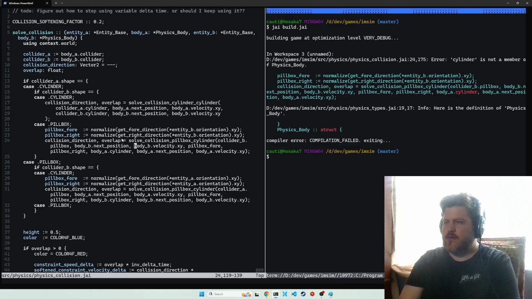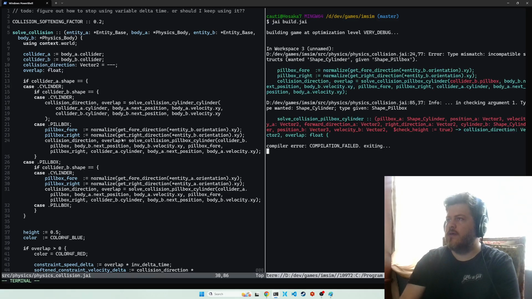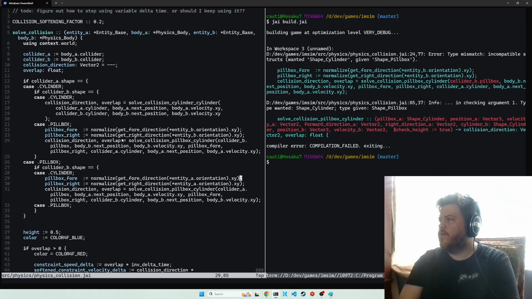Collider B, body B, cylinder, collider A dot cylinder. A dot pillbox. Wait, what? Oh yeah, okay. And then collider B dot cylinder. Okay. What else? I wanted shape cylinder.